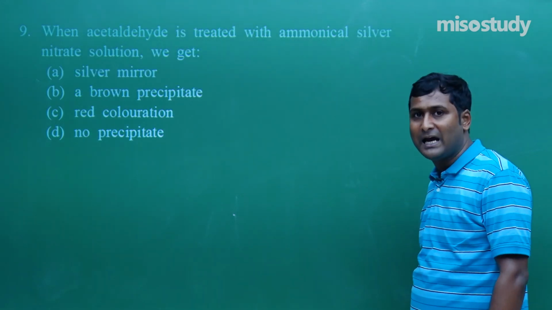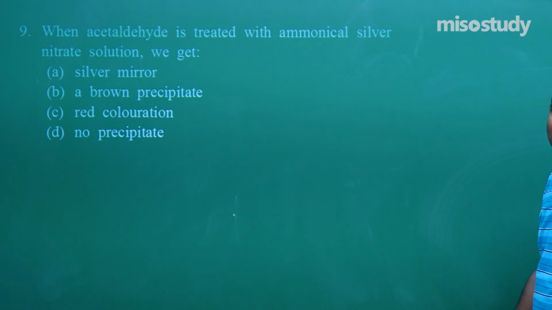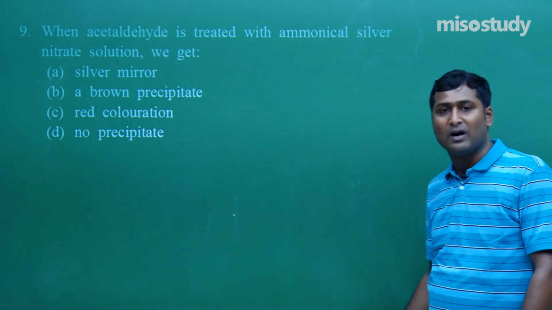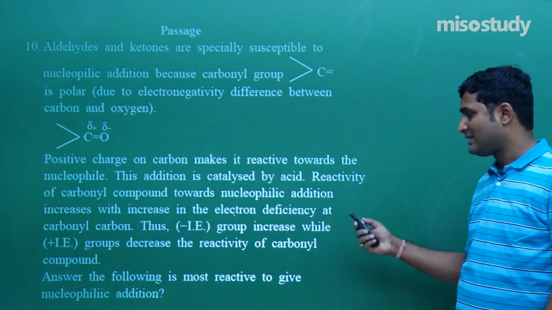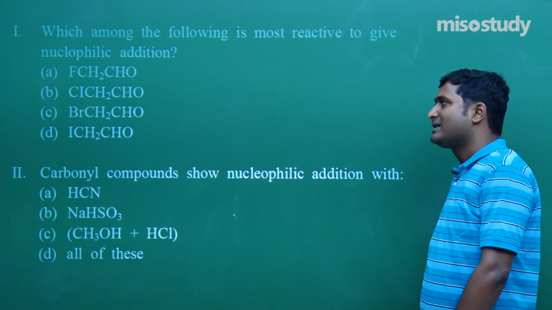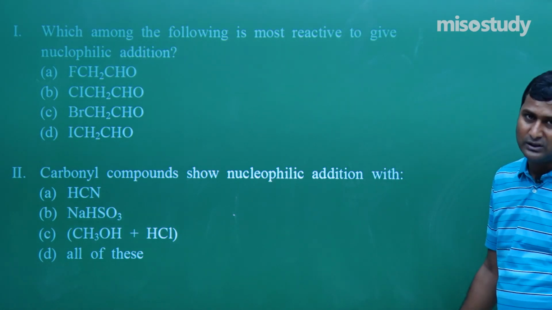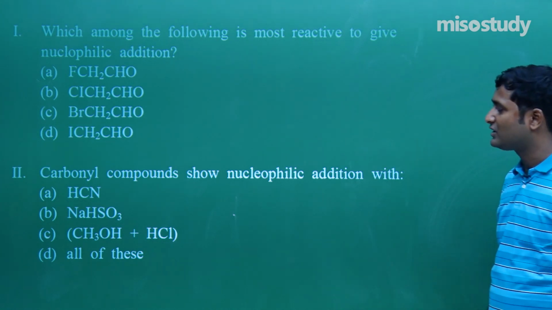For question number 9, what will happen when acetaldehyde is treated with ammoniacal silver nitrate solution? We get a silver mirror. This is the silver mirror test. Now question number 10, this is the passage. Read the passage carefully. So A, FCH2CHO, has a minus I effect, and the carbonyl compound undergoes nucleophilic addition reaction.